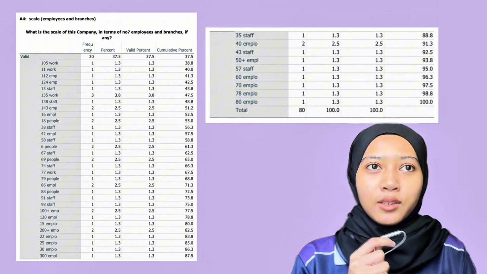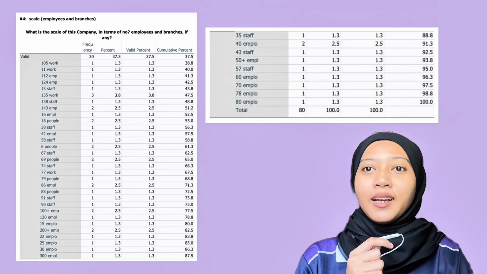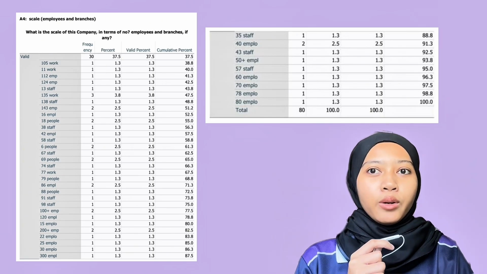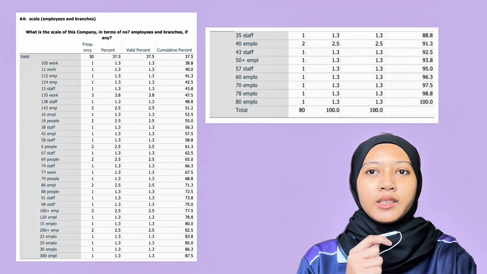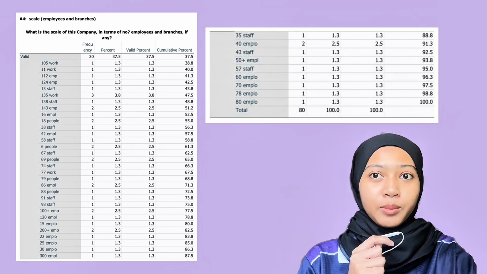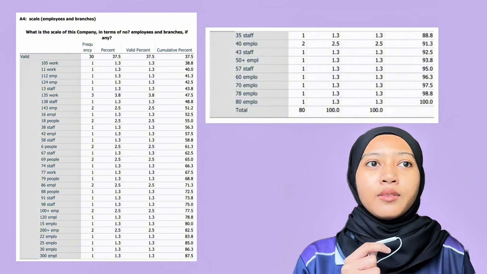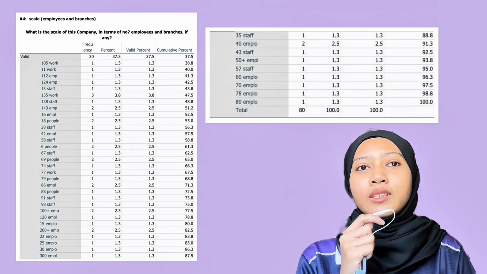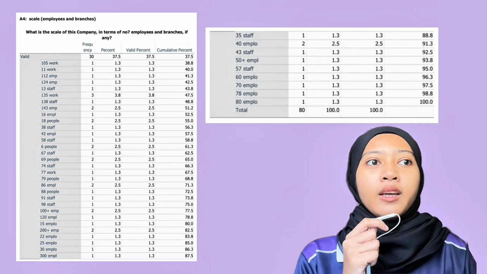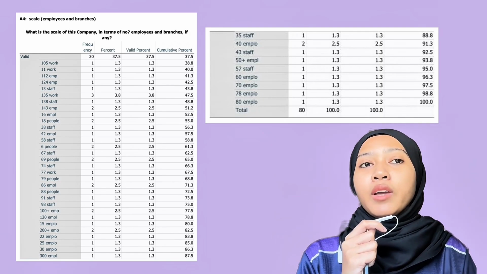So, as you can see, in our data analysis, we already keyed in all the data from respondents, which is 80 respondents. Data collected from 80 respondents provide insight into the size of the company, the workforce measured by the number of employees.